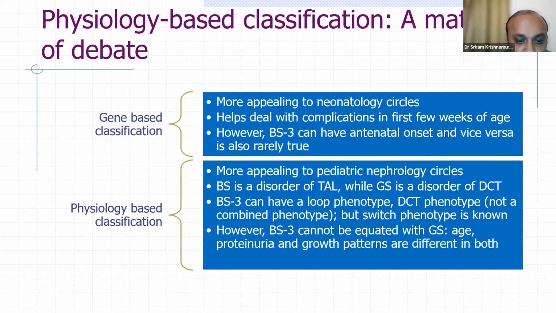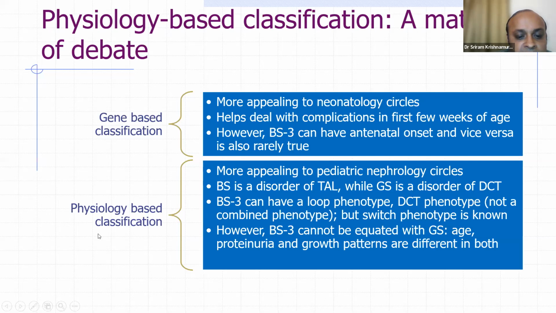So this makes it confusing to classify all people as loop in a physiology based classification. And similarly, there is a school of thought that asks how you can equate Bartter syndrome type 3 with Gitelman syndrome, because both of them would get classified together in a physiology based classification. The age, proteinuria, and the growth patterns are different in Bartter syndrome type 3 and Gitelman syndrome.